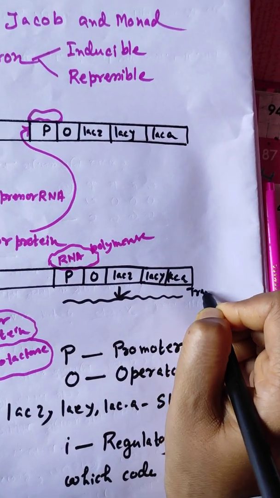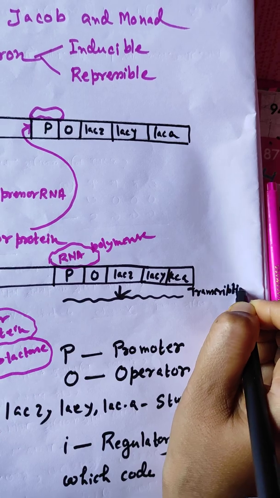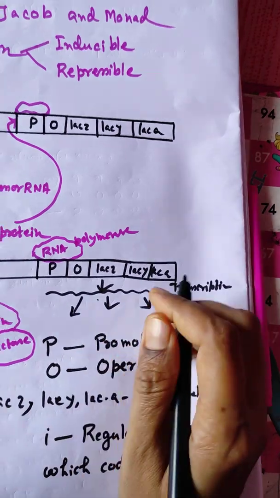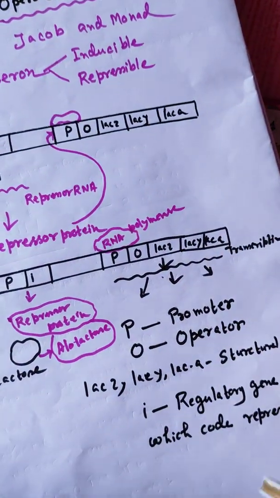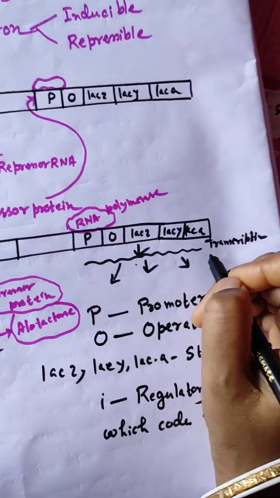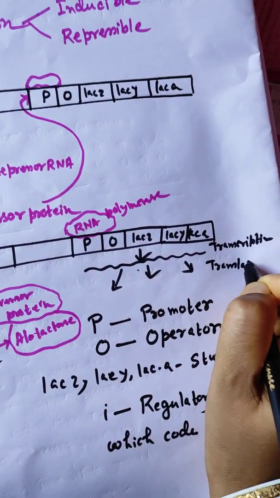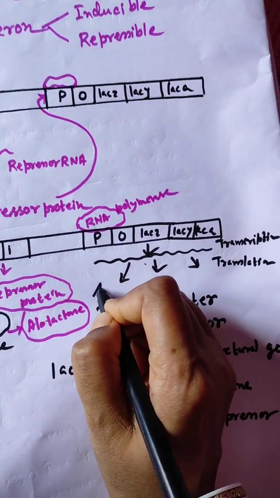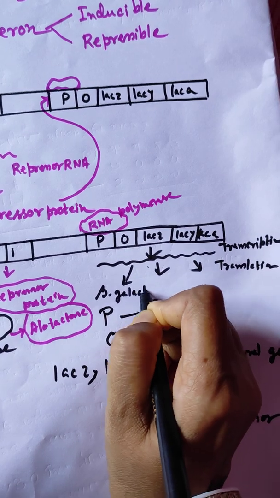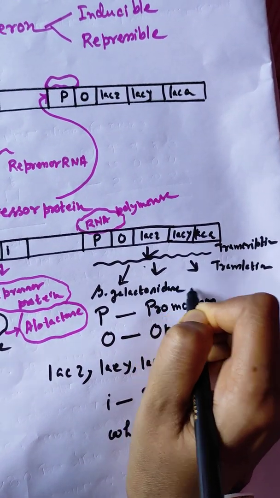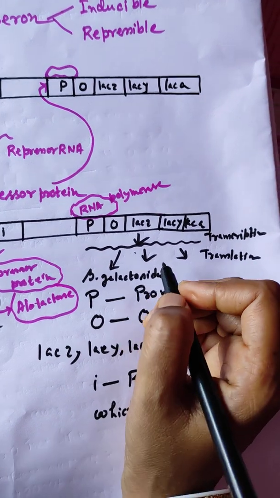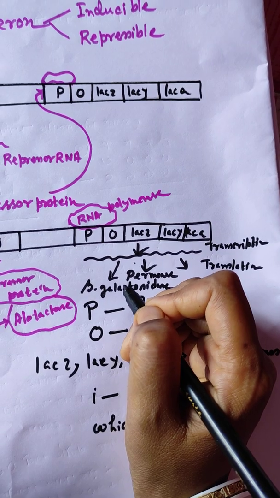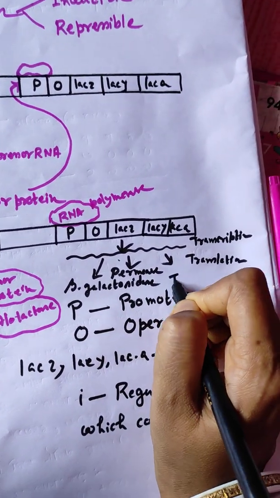Transcription. Three types of proteins are translated: beta galactosidase, permease, and transacetylase.